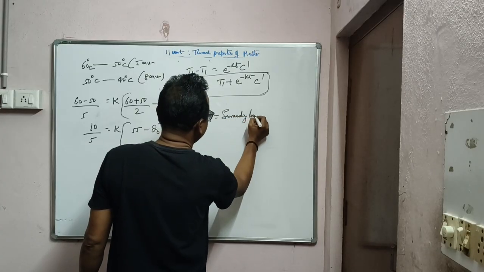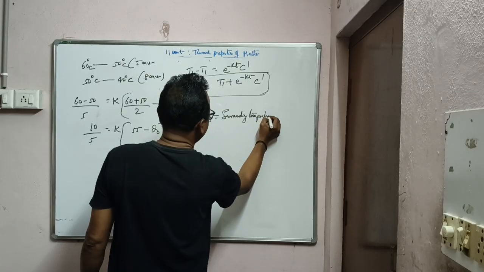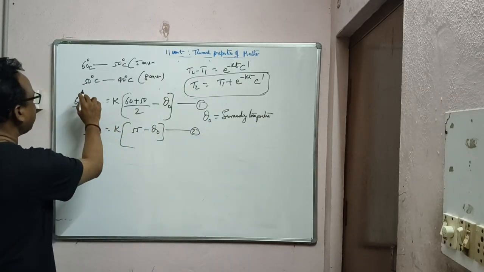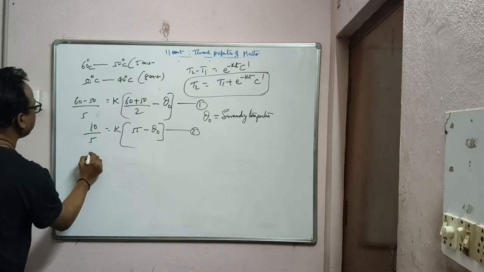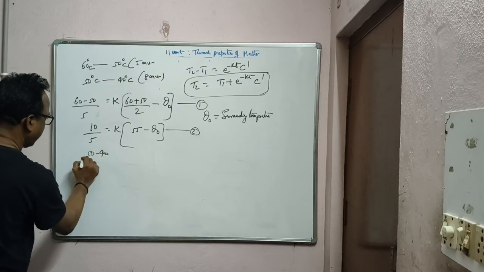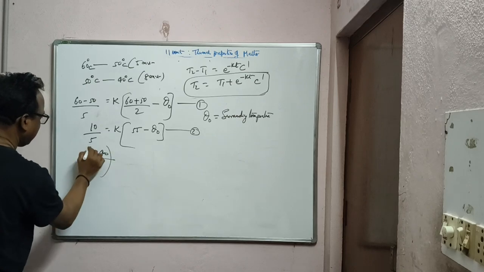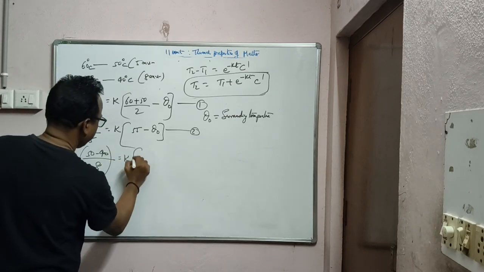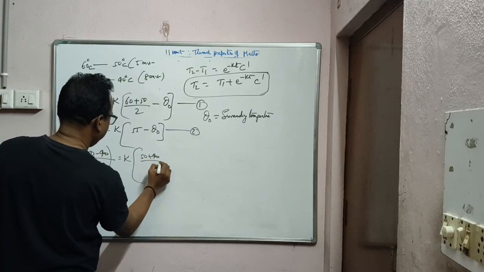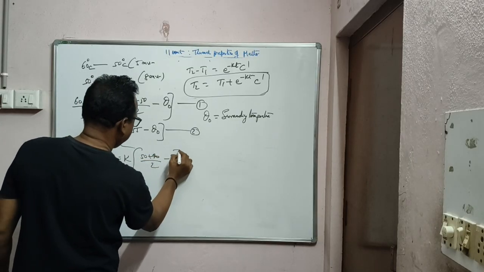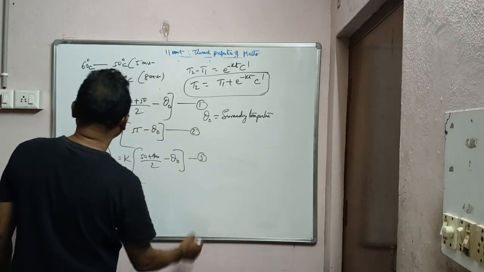Again, it has dropped from 50 to 40, so the temperature difference is 50 minus 40 by 8 minutes is equal to constant into the average temperature, that is (50 plus 40)/2 minus theta 0, equation 3.